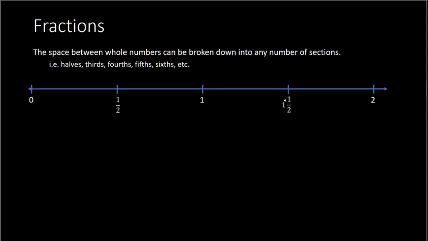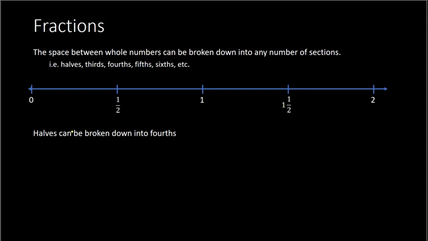So here we see the numbers 0 through 2. So 0, 1, and 2. And notice we broke it down into halves. So in between 0 and 1, and in between 1 and 2, we have 1/2 and 1 1/2. Now halves can be broken down further if we wanted. It can be broken down into fourths. So half of a half would be a fourth.